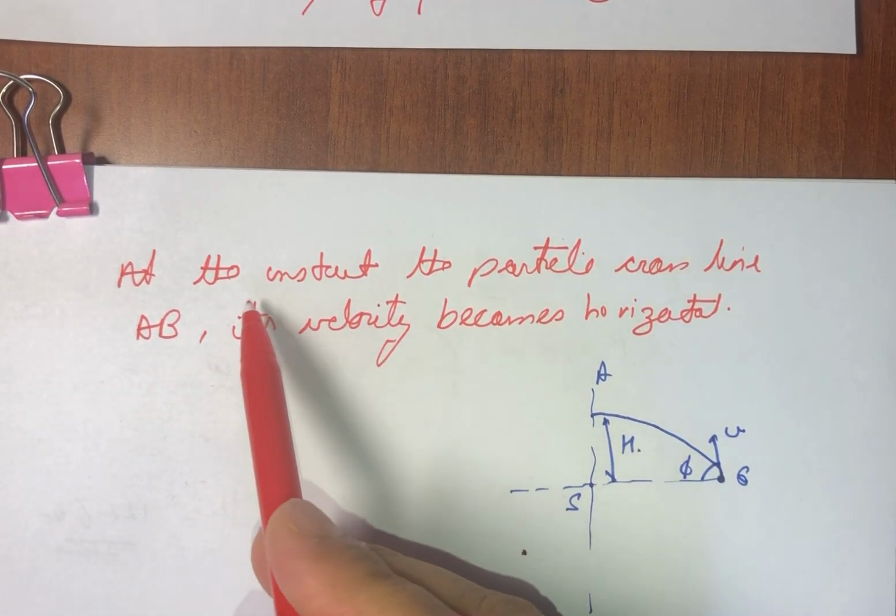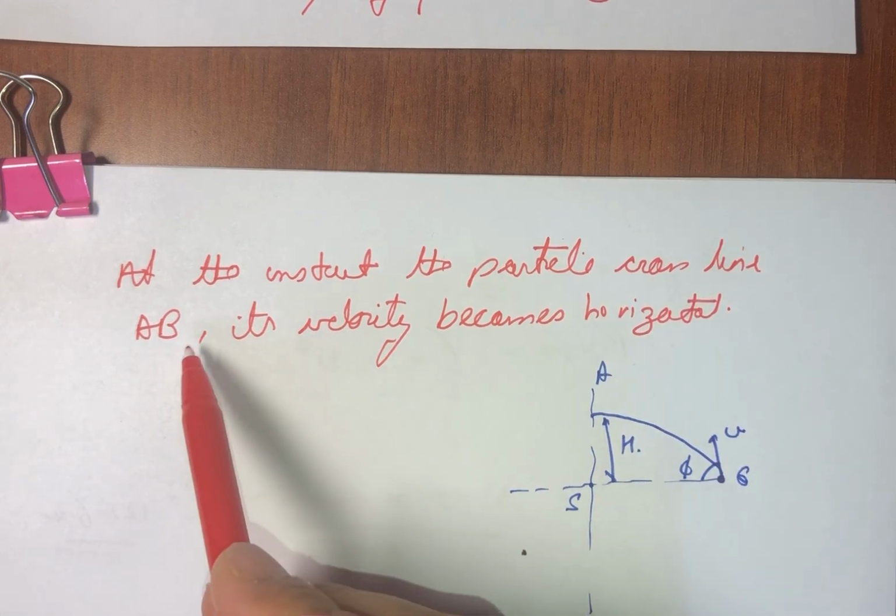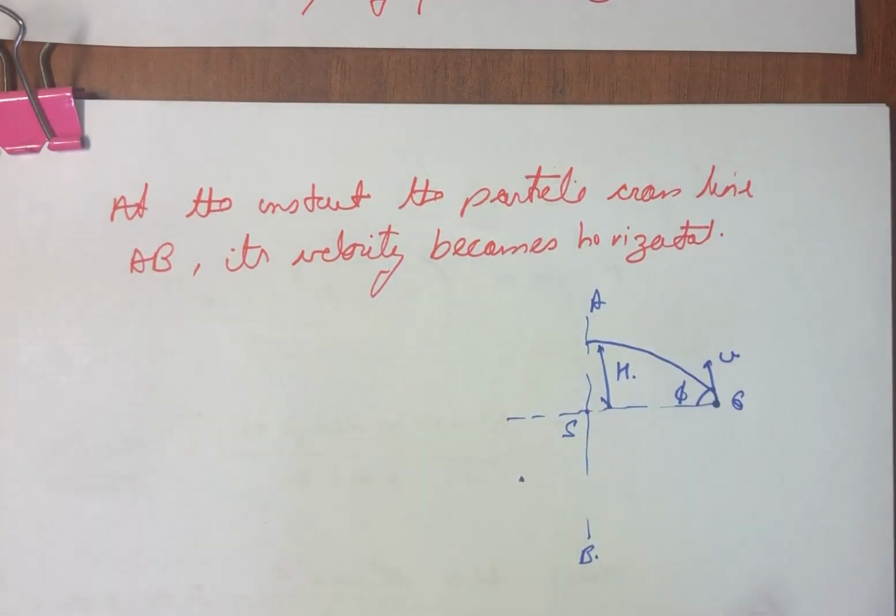So it means at the instant the particle crosses the line AB, its velocity becomes horizontal.